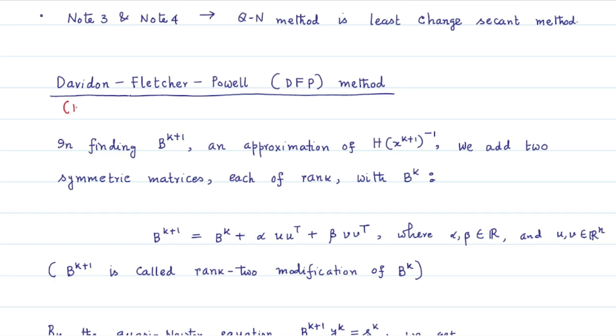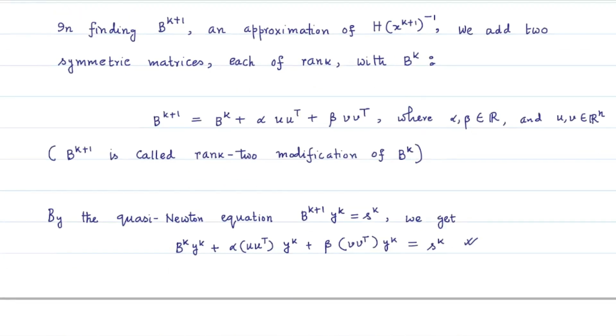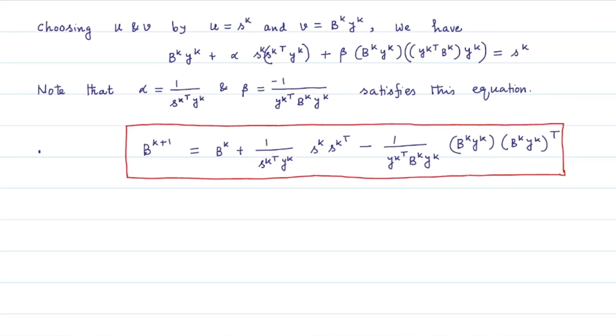Davidon derived it in the year 1959, and later the same formula was found by Fletcher and Powell in the year 1963, and hence the name DFP method, or DFP update for the matrix B_{k+1}.